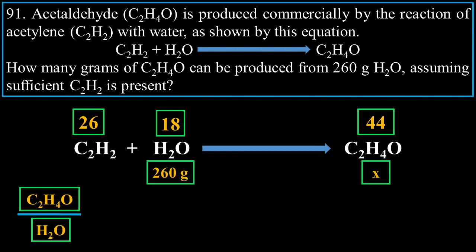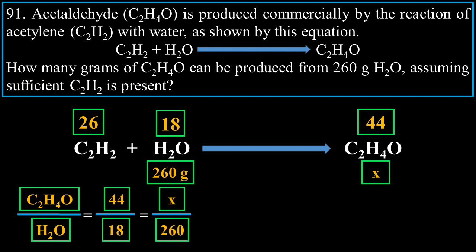So the constant ratio is acetaldehyde over water. So it will be the mass of acetaldehyde over the mass of water as written in the equation. So it will be 44 over 18 equals X over 260, and that will give you the amount of acetaldehyde that can be produced given sufficient quantity of acetylene.